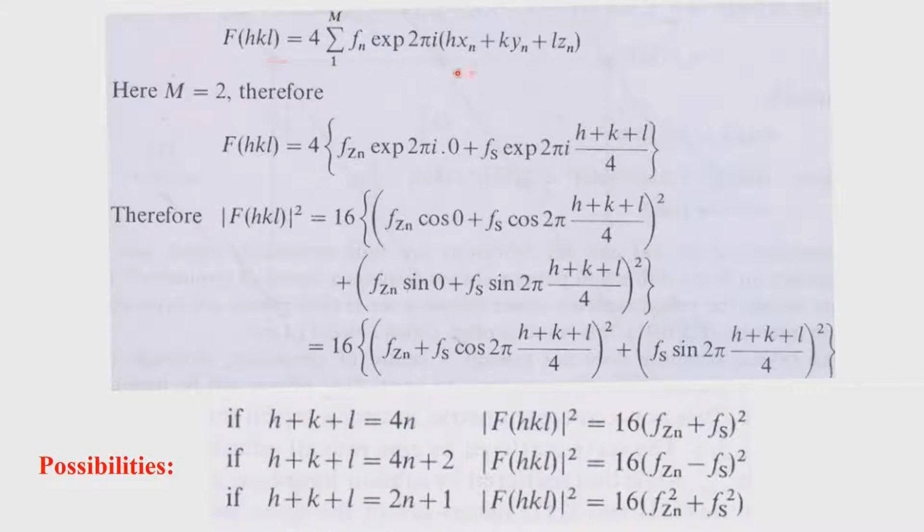One can calculate this expression and we know that h plus k, k plus L, L plus h should be all even, then only we will get these reflections coming up. Among these reflections, because zinc is at 0 and sulfur at 1/4, 1/4, 1/4, which happen to be special positions in that space group, you will get additional absences and they look as though they are systematic, but they are systematic only with respect to the atom positions. They are systematic of course therefore to the special positions in the unit cell.